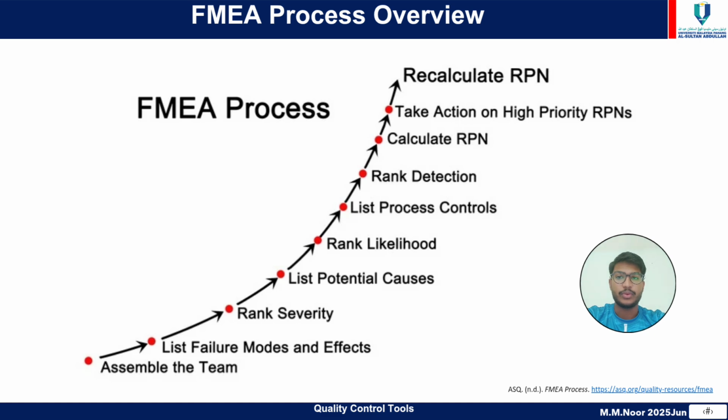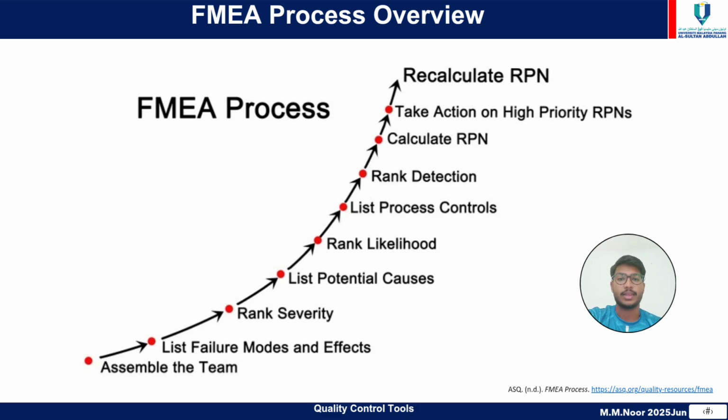So here is an overview of the FMEA process. First, you define your scope and team. You start by identifying what system, design, or process you'll be analyzing. Then you map the process or design using visual aids like process flowcharts. Then you identify failure modes through brainstorming. And then you determine effects, causes, and current controls to understand the potential consequences of each failure.